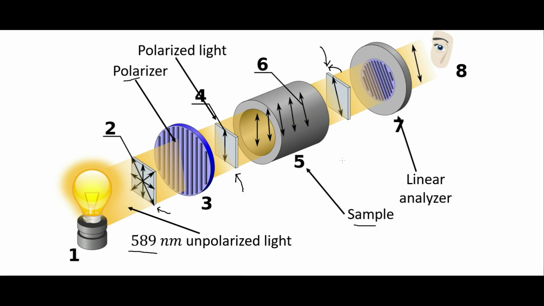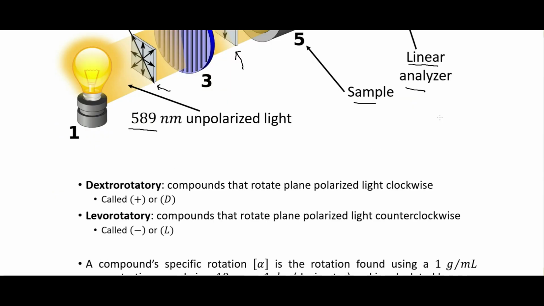Well, as I'll discuss in a minute, if you have a 50-50 mixture of your enantiomers, you get 0 degrees of rotation on the polarized light. But then you have some linear analyzer, and then some kind of detector here, so that will actually see how much the polarized light has rotated, which is the thing we want to measure.